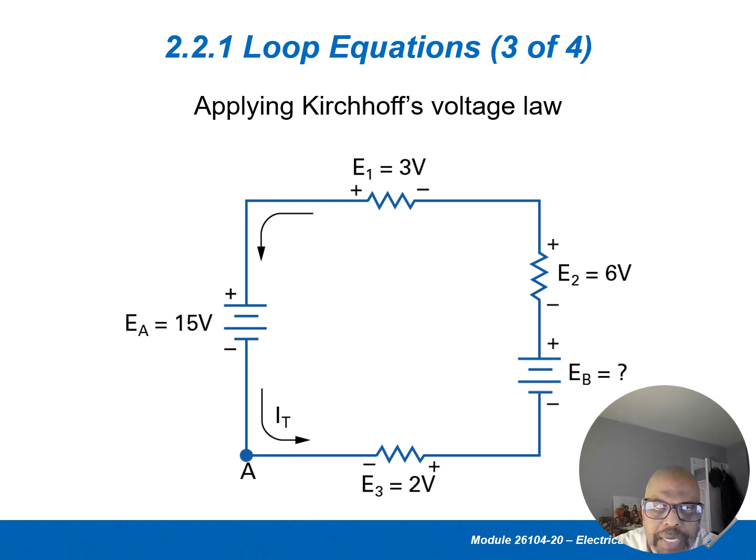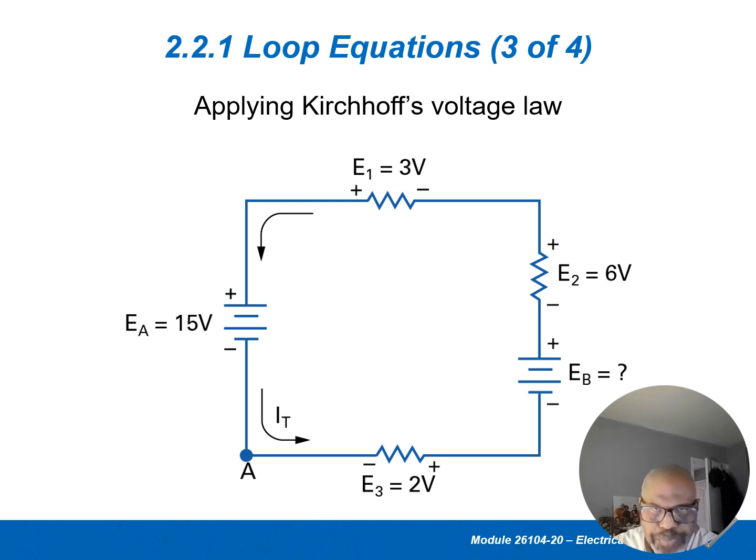So applying Kirchhoff's voltage law to this series circuit, we can add up each of the individual voltage drops based on the current, and we can always know what it is. The difference is now we have two power supplies. We have one here and one there.